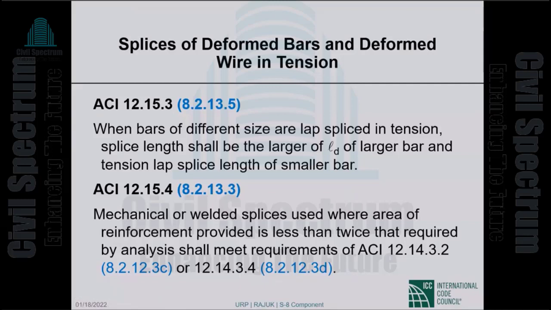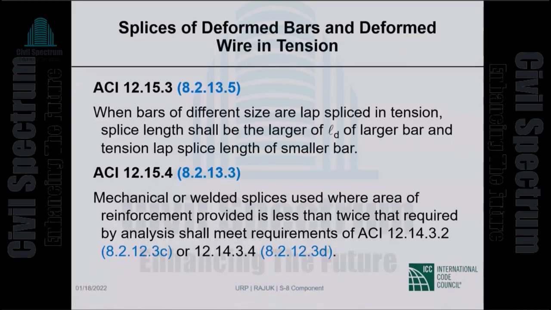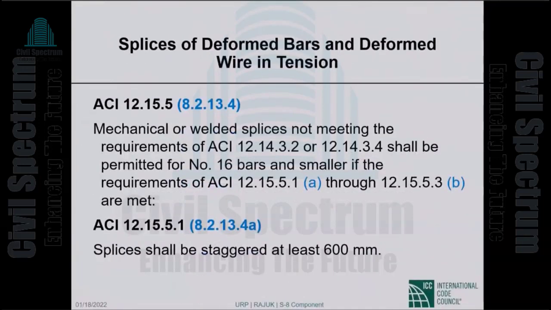So if you are going to use mechanical or welded splice where area of reinforcement provided is less than twice that required by analysis, then you have to have full welded or full mechanical splices. Now, less than full mechanical or welded, that is 12.55.